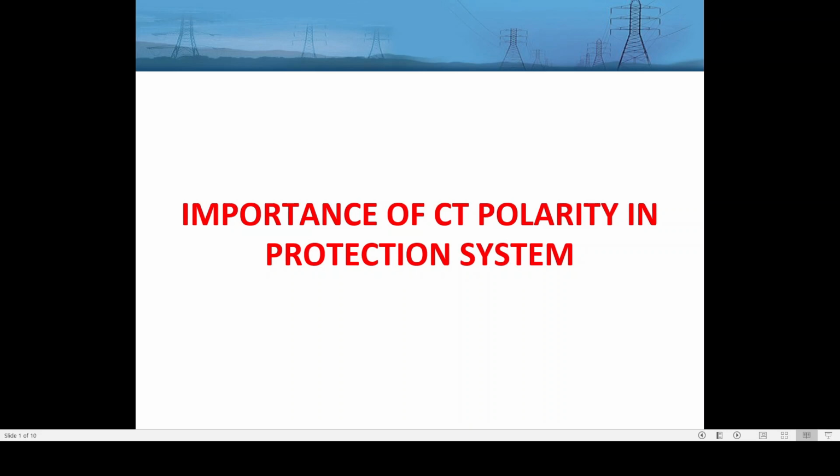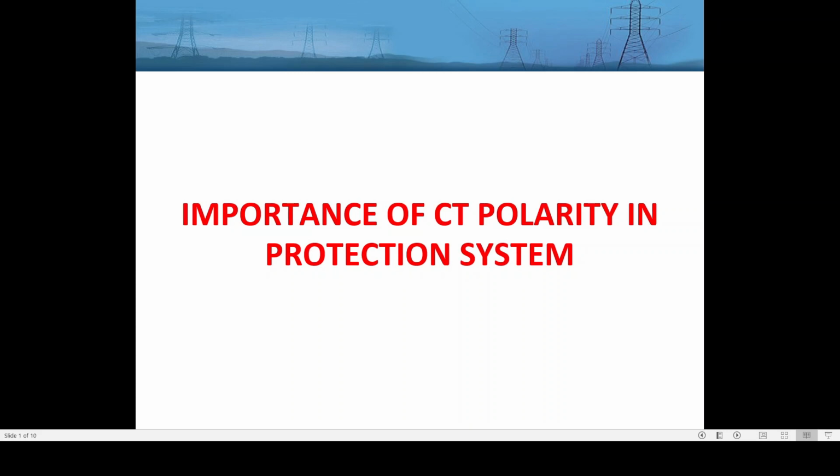But kindly bear with me. I will explain with full dedication and complete clarity the practical importance of CT star point, and the practical implications of CT polarity in your substation, especially at the transmission level, distribution level, and sub-transmission levels.